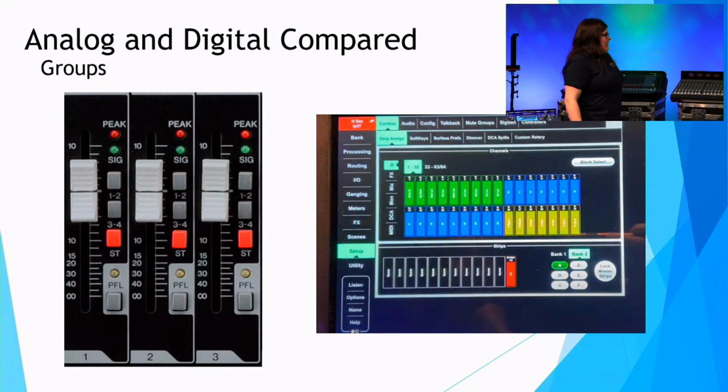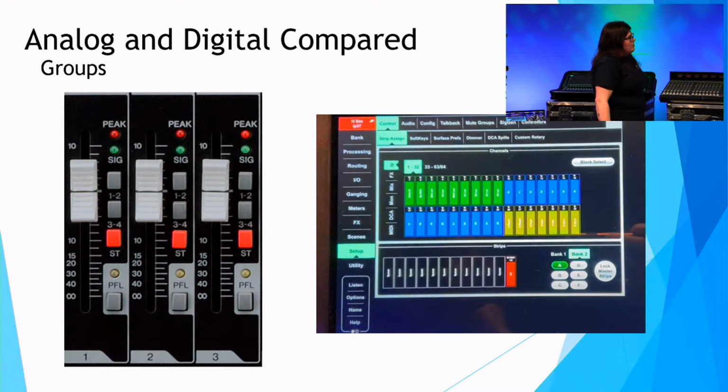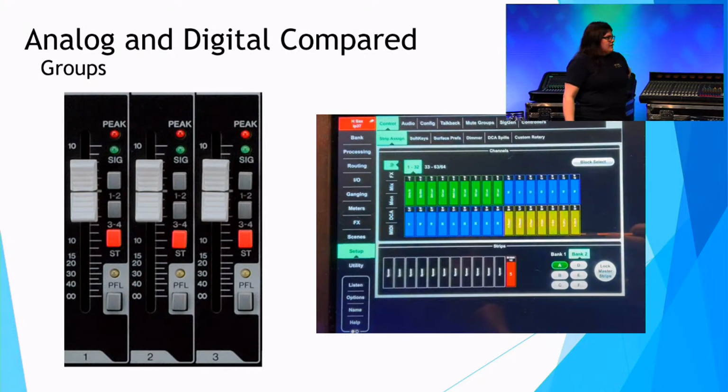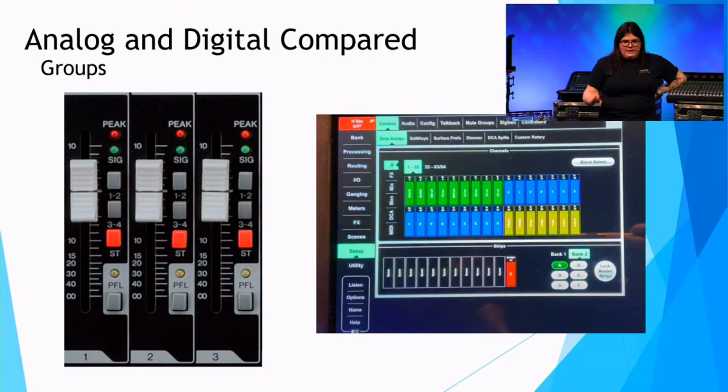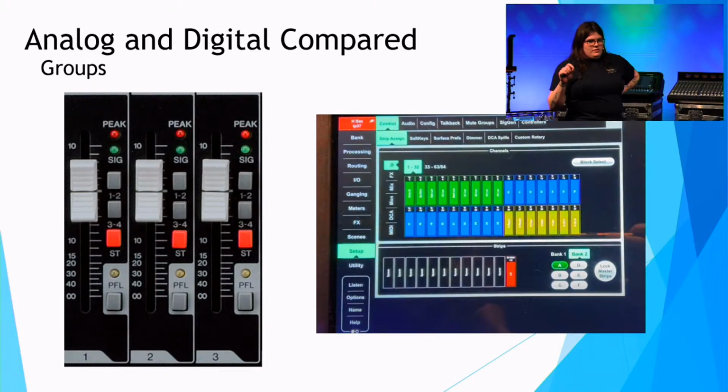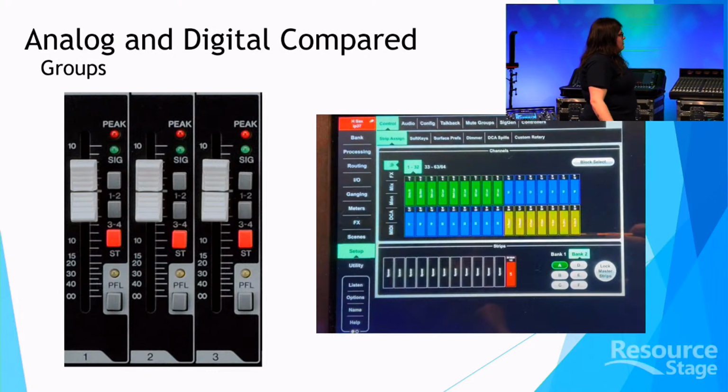So that's a big difference between the two, just the way that groups are handled. Some digital consoles will have slightly different names for groups and slightly different routing. So that's more depending on the console itself, and different brands will use slightly different words as well.